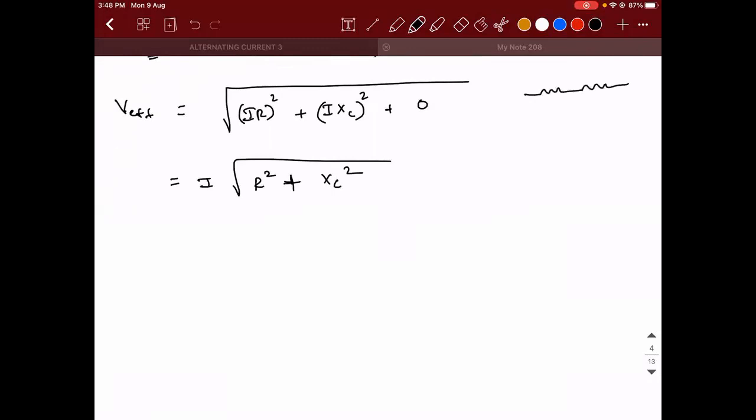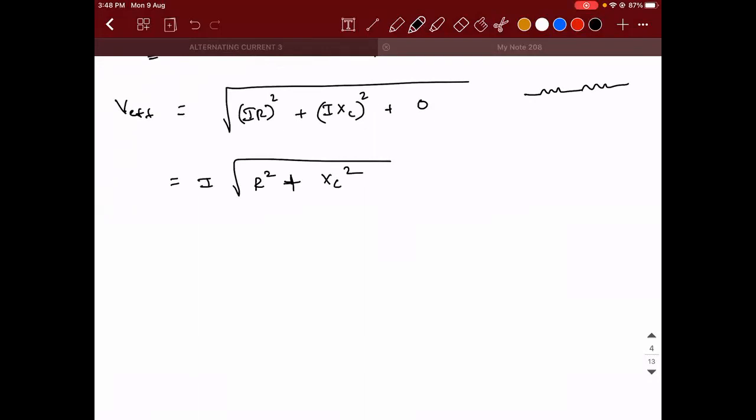Now, recollect the concept. When two resistors are connected in series, in the current electricity chapter, what did we do? We replaced those two resistors with one resistor, and we called it an equivalent resistor.